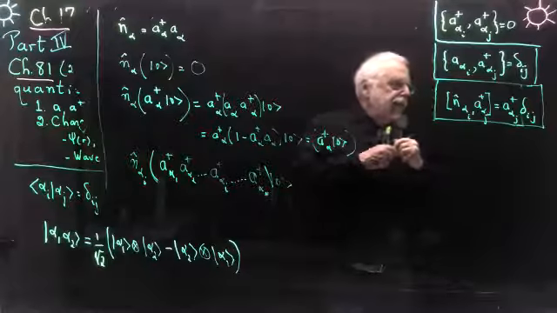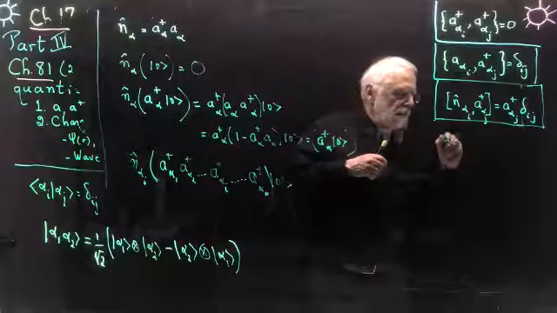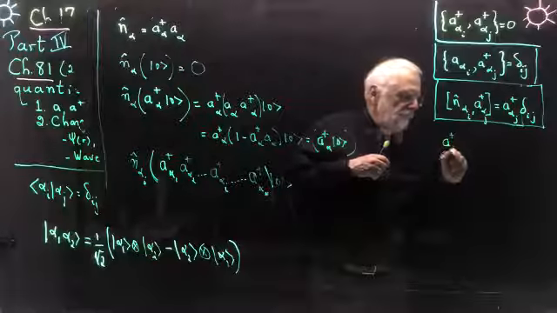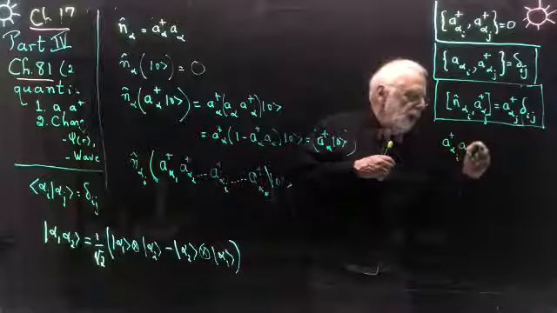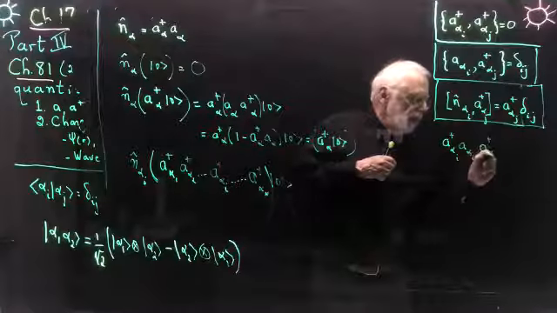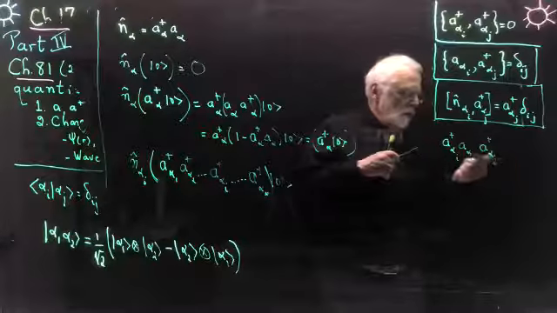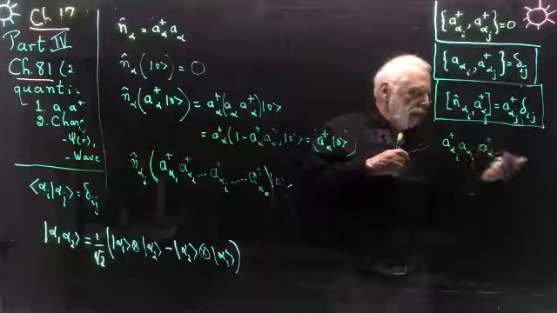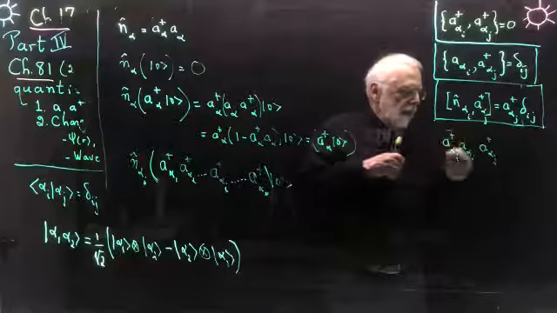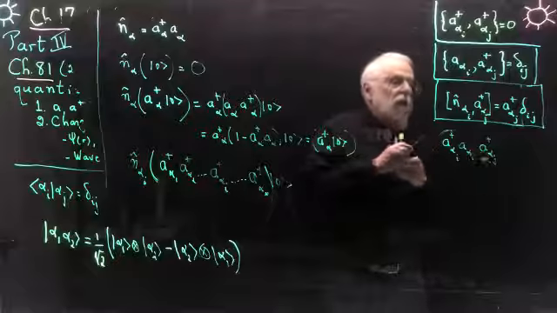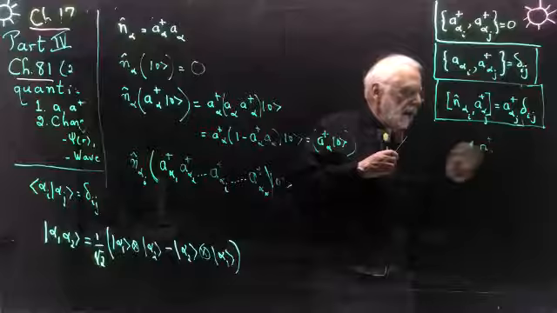Well, it's because if I have A dagger alpha I, A alpha I, and I have A dagger alpha J, then these anti-commute, and then these anti-commute as well, because I and J are different. So it means that this piece here is commuting with this piece.